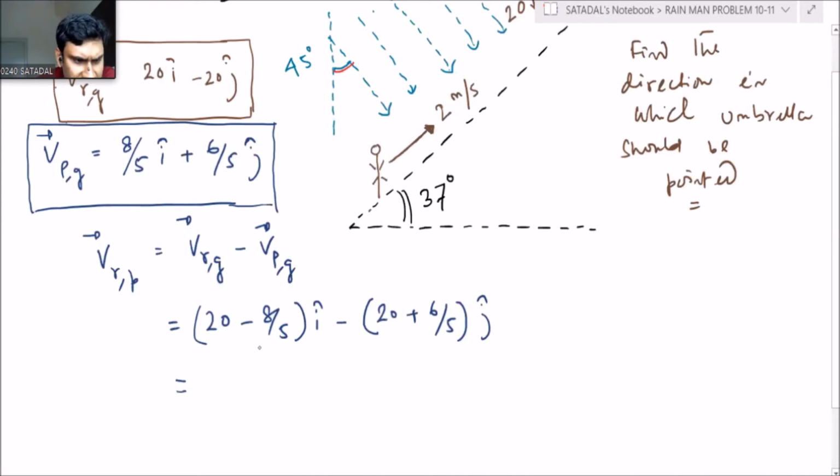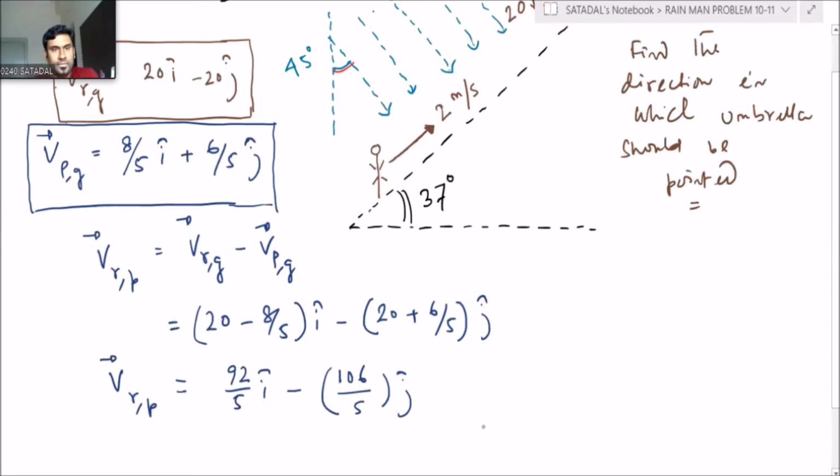So how much this is coming? 192 by 5 i cap minus 106 by 5 j cap. Please everyone check the calculation. I am an expert in doing blunder in calculation, so please check.